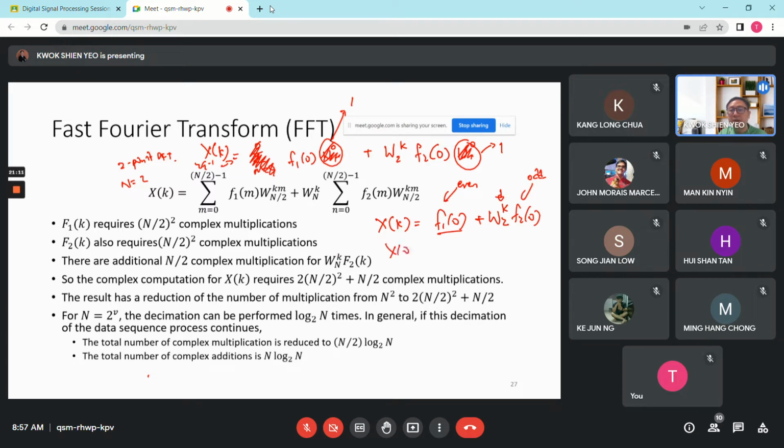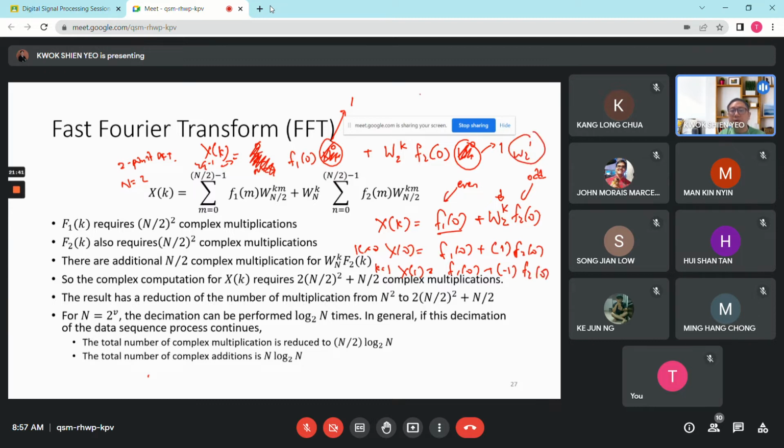So X(0) is f1(0) plus, if k equals 0, this is power of 0, then it is 1. If k equals 1, then you get f1(0) plus W_2 to the power of 1, which is actually minus 1, times f2(0).